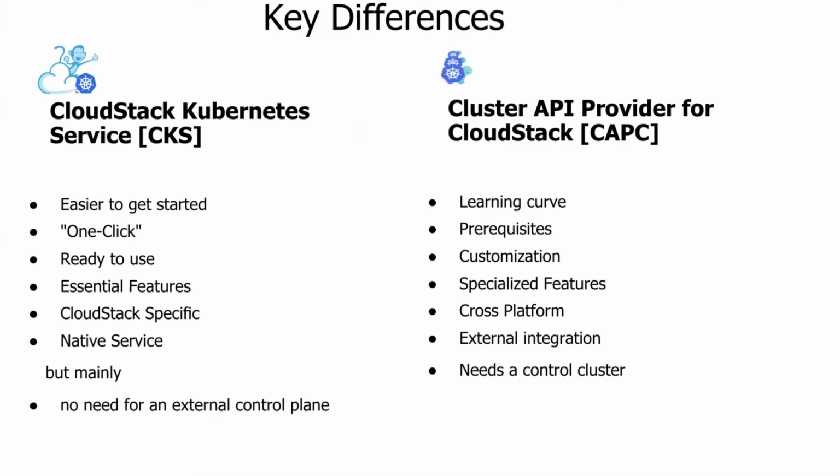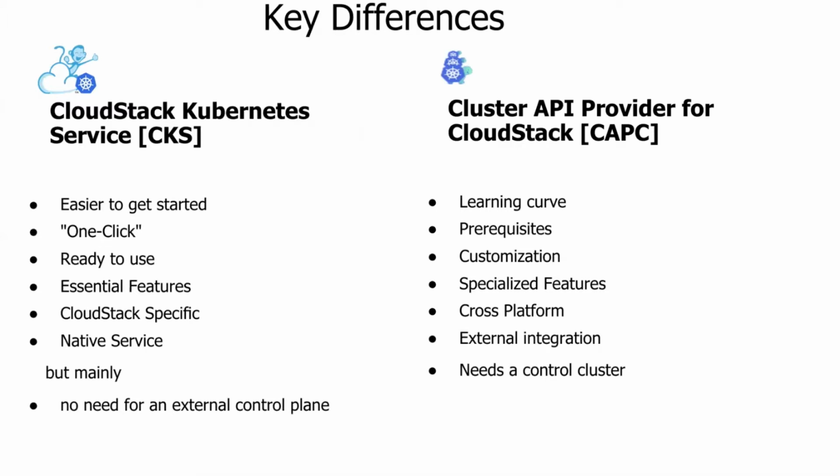I think I spoke before my turn here, so easier to get started, one click, ready to use. It's basically what you need to be starting as a beginner in Kubernetes. And there's no need for an extra machine. You just have the interface and you're done.